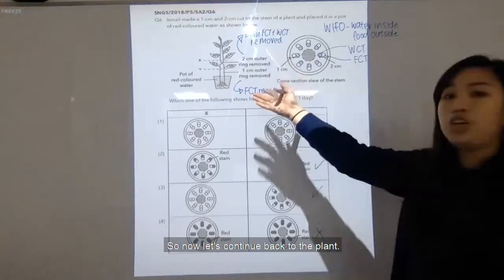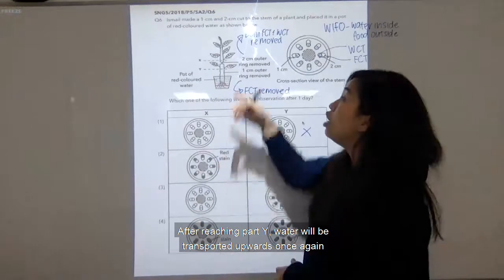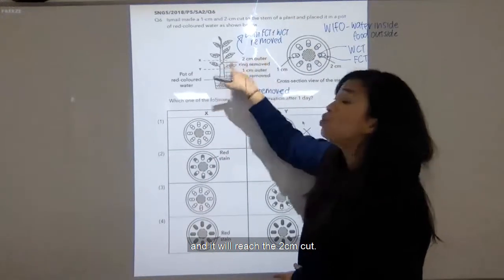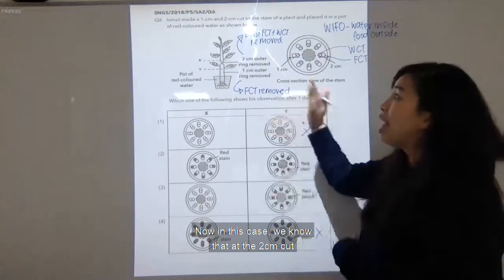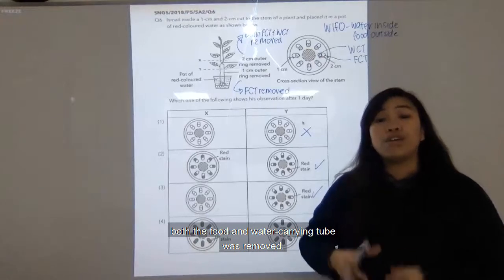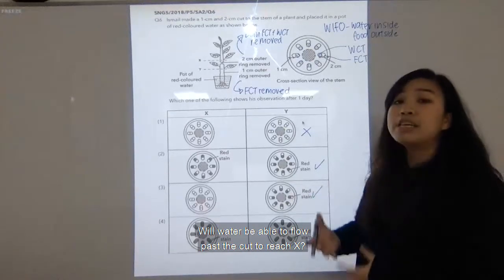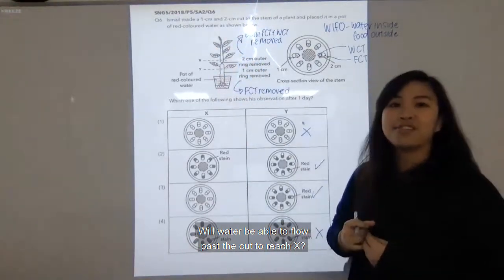So now let's continue back to the plant. After reaching part Y, water will be transported upwards once again and it will reach the 2 cm cut. Now in this case, we know that at the 2 cm cut, both the food and water carrying tube was removed. Will water be able to flow past the cut to reach X?